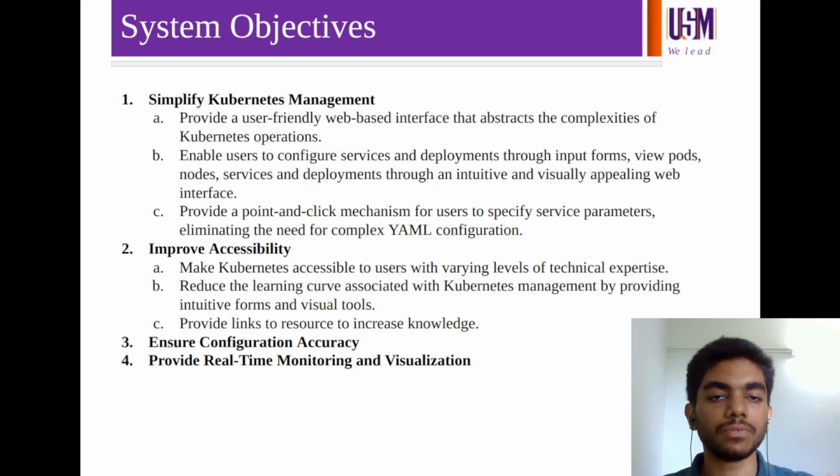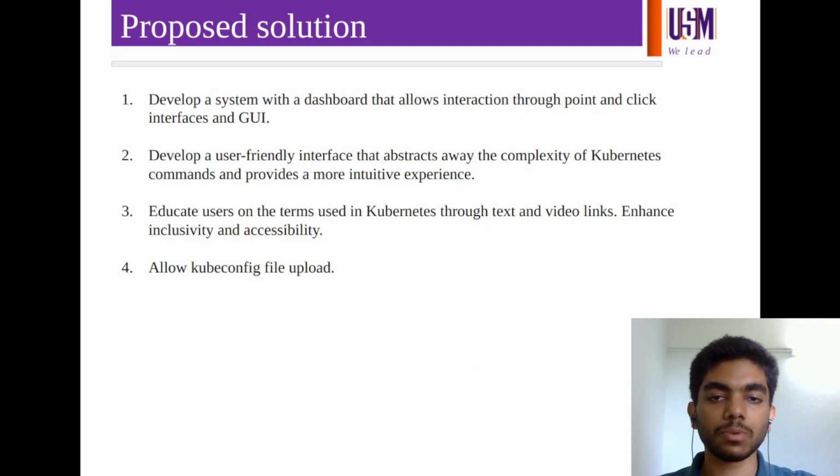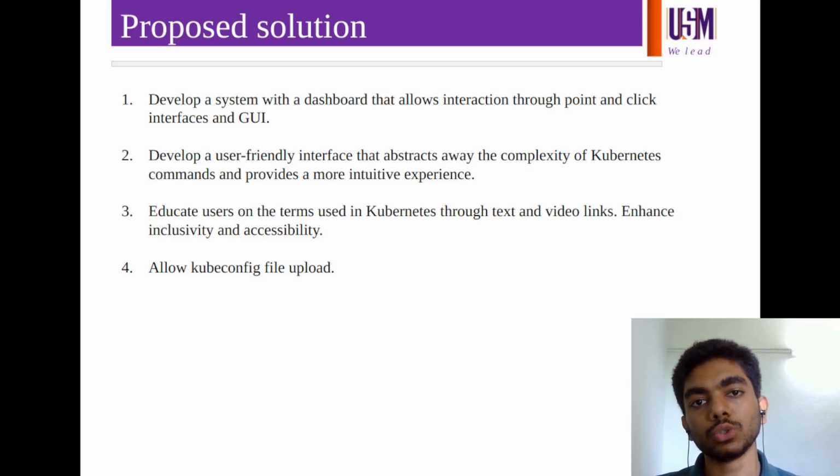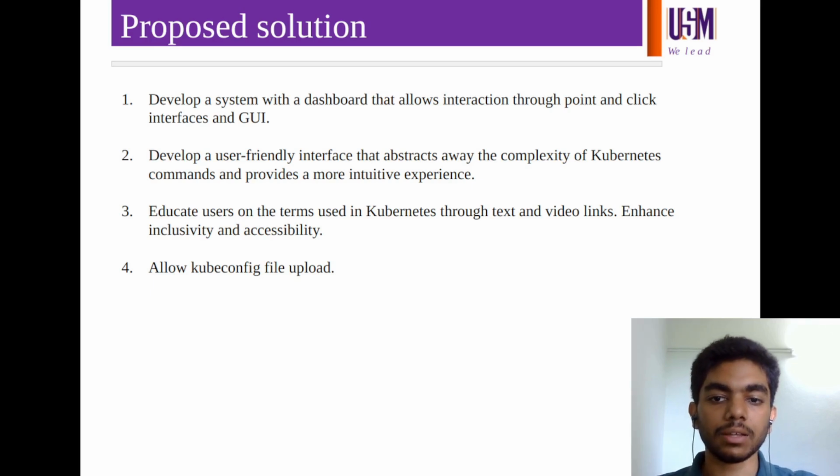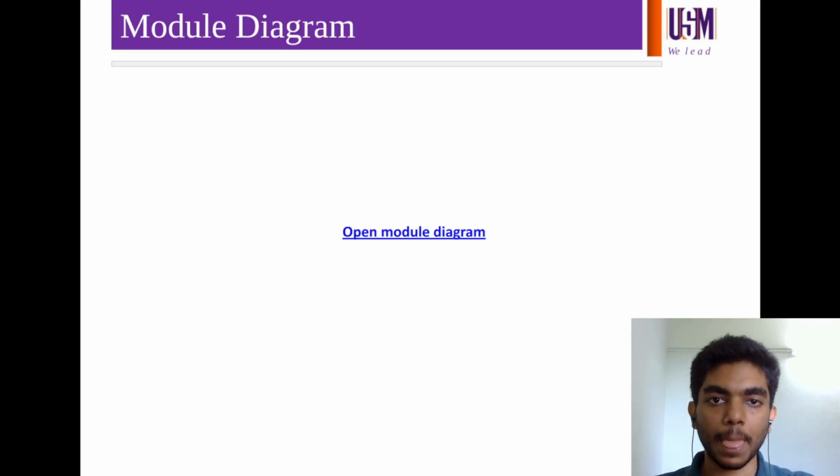The proposed solution is to develop a system with a dashboard that allows interaction through point and click interfaces and a GUI. This will also help educate users on terms used in Kubernetes through text and video links and enhance inclusivity and accessibility.